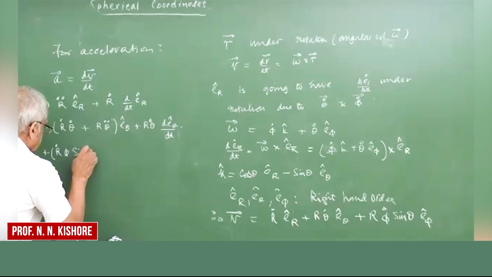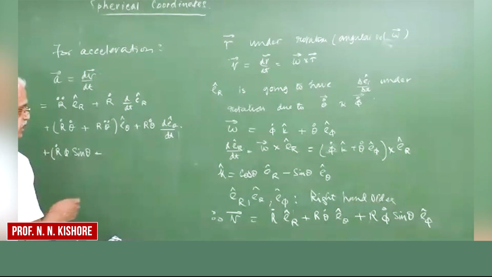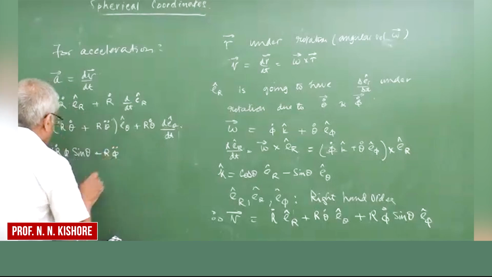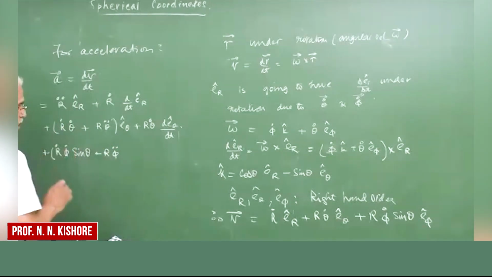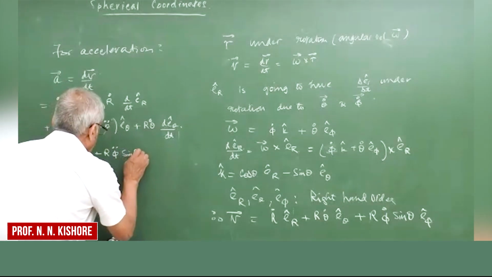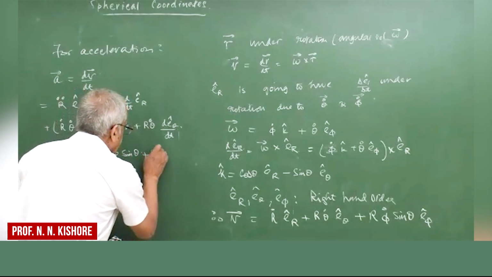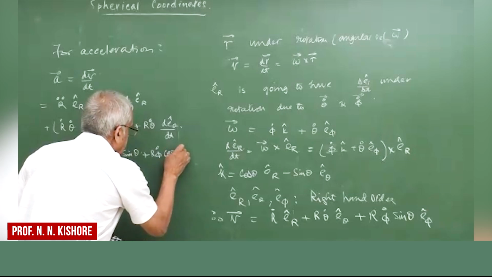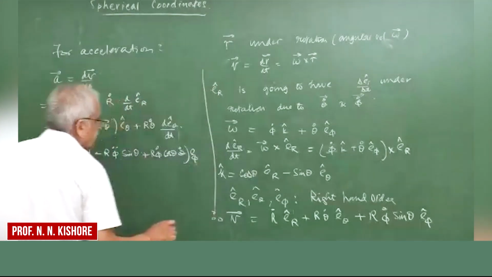This is the one where we are taking the time derivative of the first scalar term. So r phi double dot sin theta plus r phi dot cos theta theta dot. So this is for e_phi.